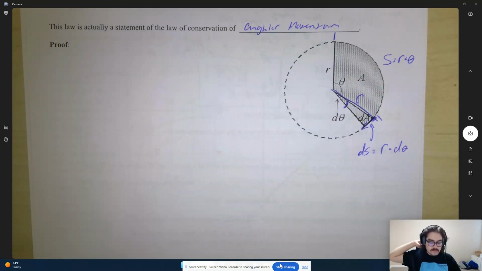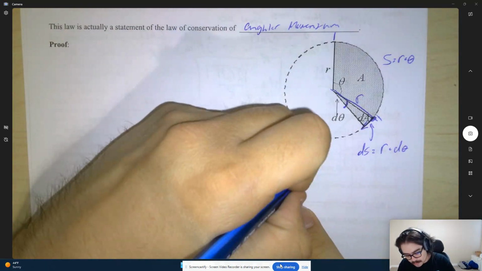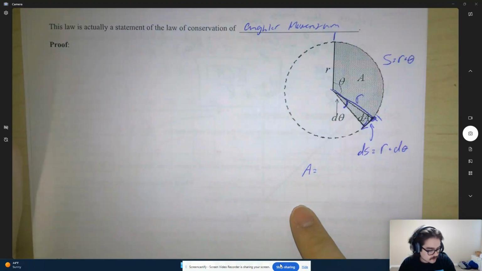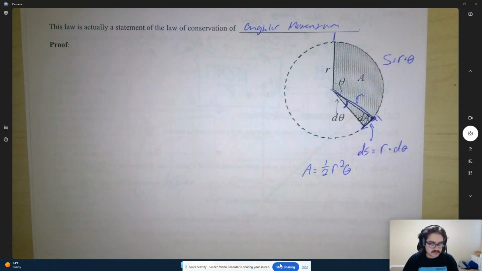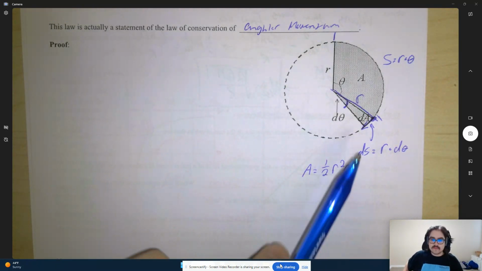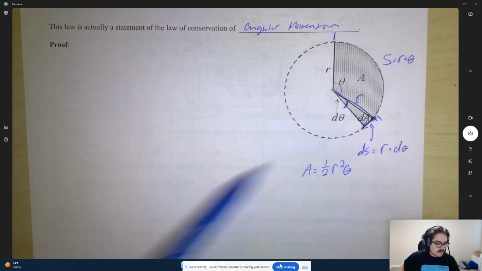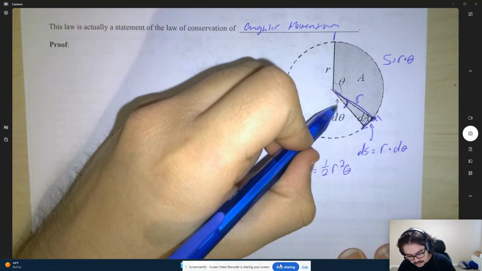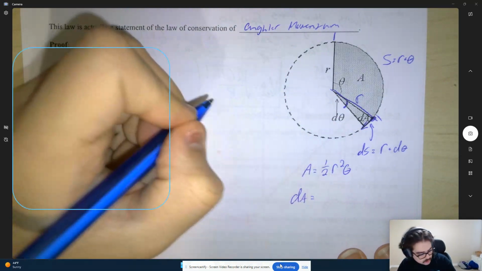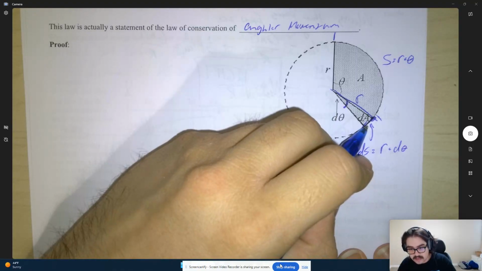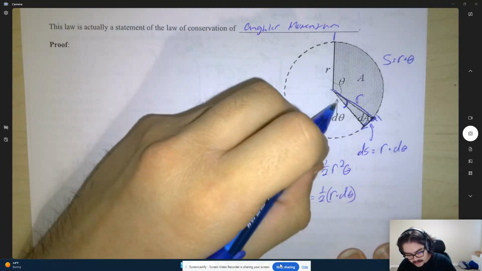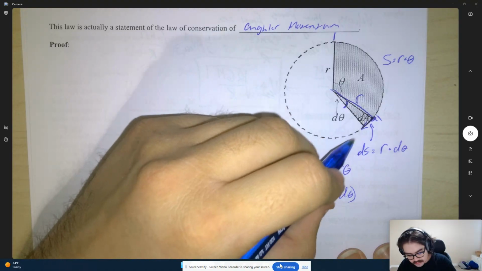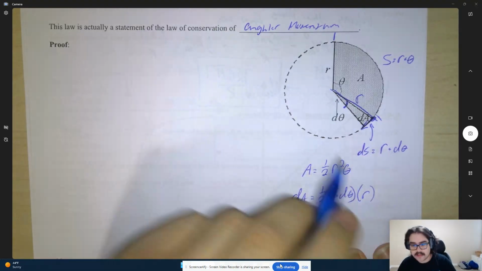Okay. So when I write out an expression for this, I can say that the amount of area that I'm sweeping out, if I consider the triangle here, dA, is just going to be equal to 1/2 base, and the base is r times d theta, times the length, which is r. 1/2 bh, right?